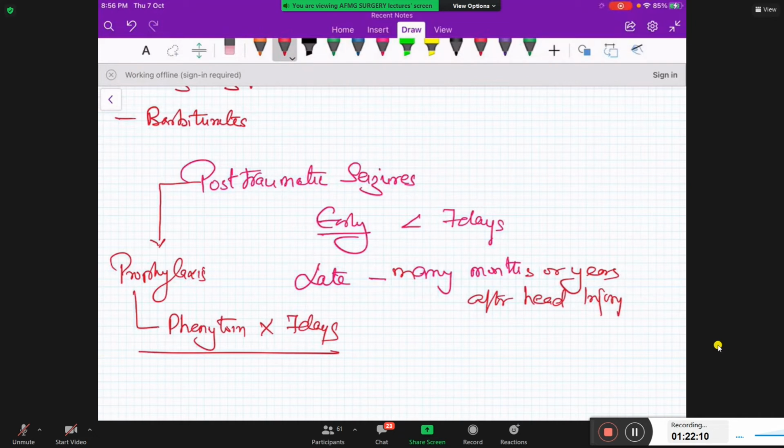These are the things we need to know in addition to any question. We can't be sure, but if it is happening many months or years after head injury, and there is no focus seen inside the brain, and there is a history of trauma, you can take it as post-traumatic.